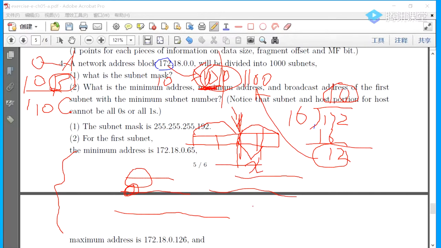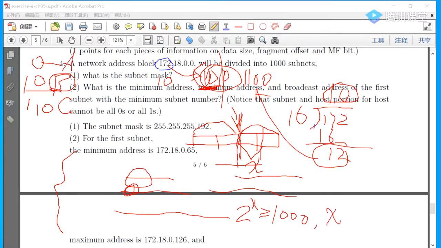Then what is the value of X? 2 to the power of X should be greater than or equal to 1000.